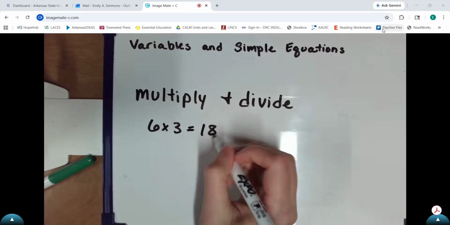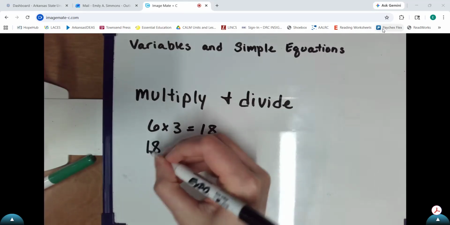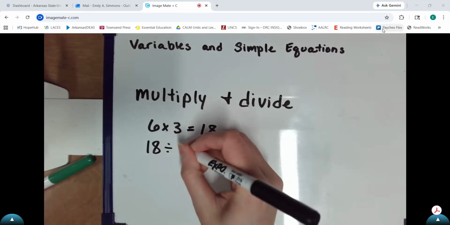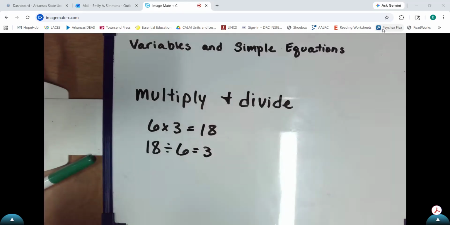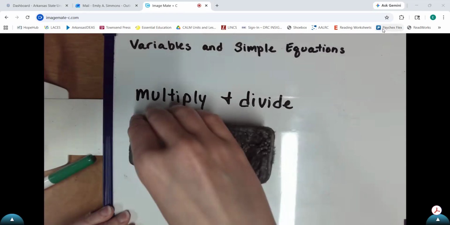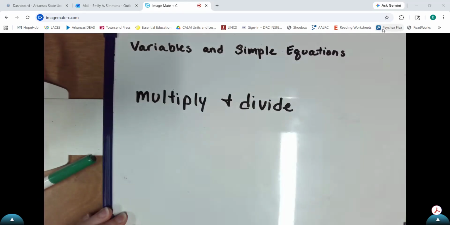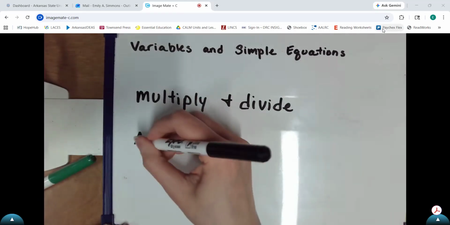I would take my total, so I have 18, and I'm going to divide that into 6 groups to have 3 things in each group. So multiplying and dividing go together, they're the opposite of each other. Then our other inverse operations are adding and subtracting.